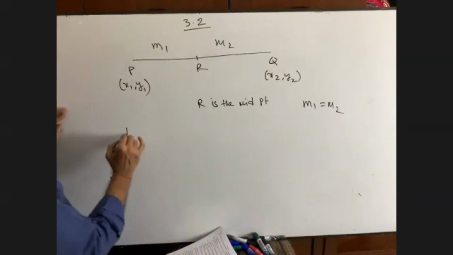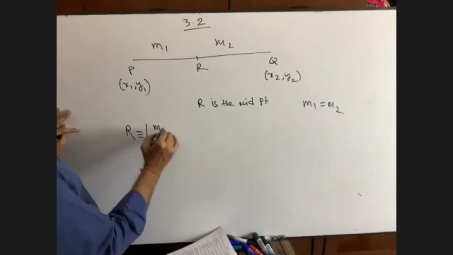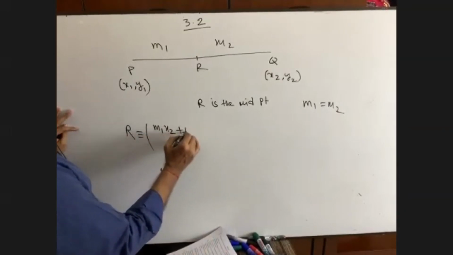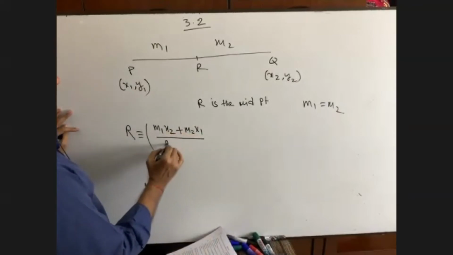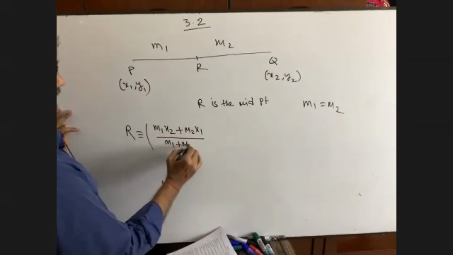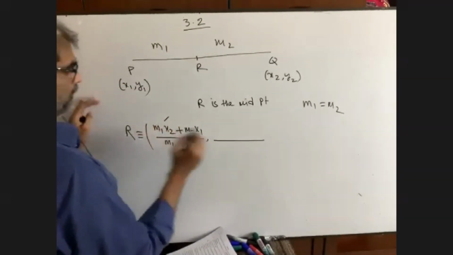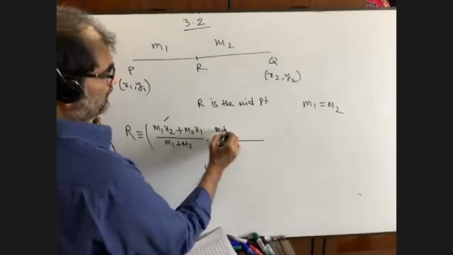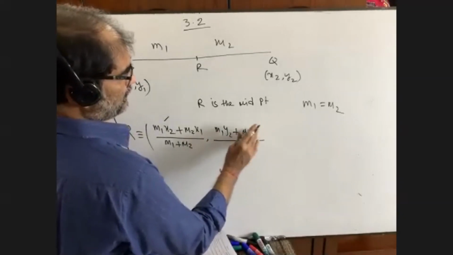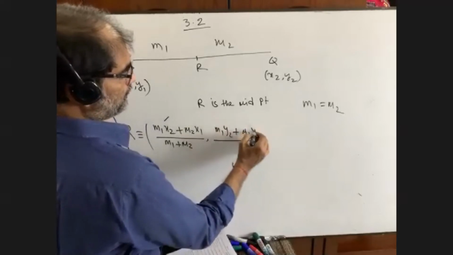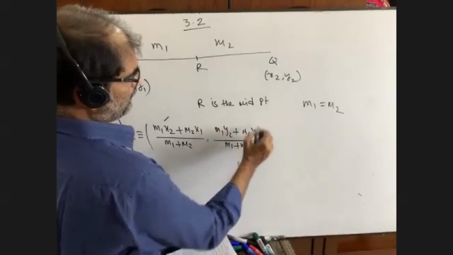So we are getting the formula. Let me know the formula. M1 x2 plus M2 x1 by M1 plus M2, comma. Now just you will put y. M1 y2 plus M2 y1 by M1 plus M2.